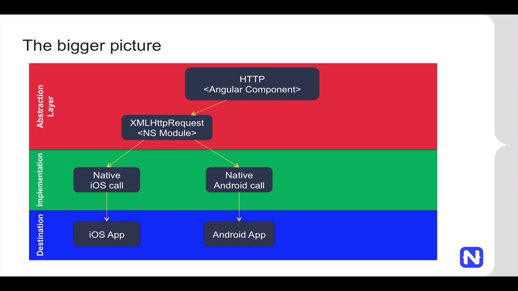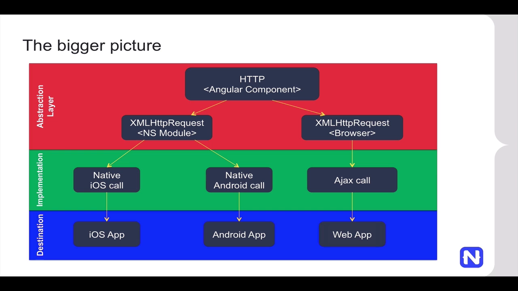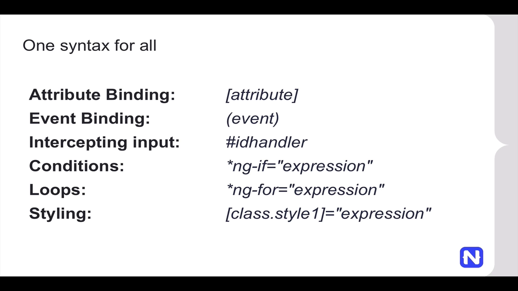When we add Angular 2 to the equation, we can use an Angular 2 HTTP module, which will translate into either NativeScript code for mobile apps or browser-specific code, resulting in AJAX calls. Just think about it. Now you can build the business logic for both the web and mobile apps in one go, and let Angular 2 take care of the differences.